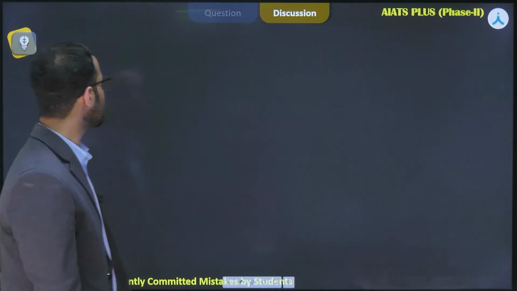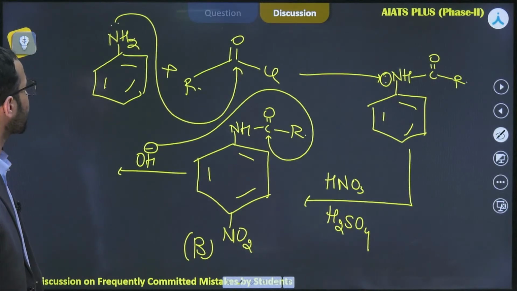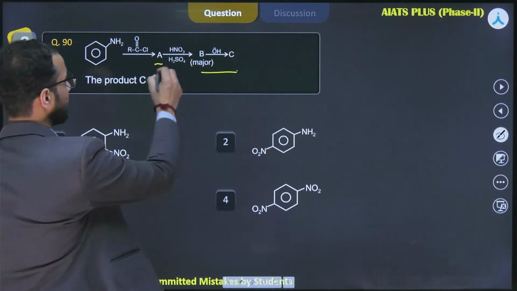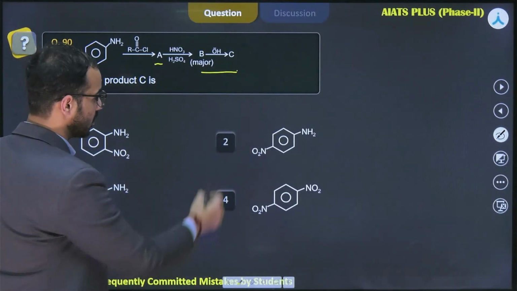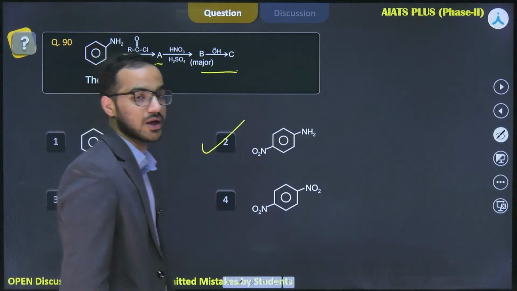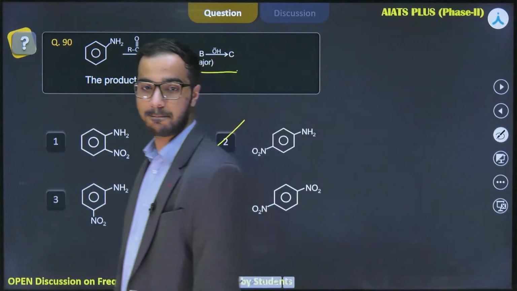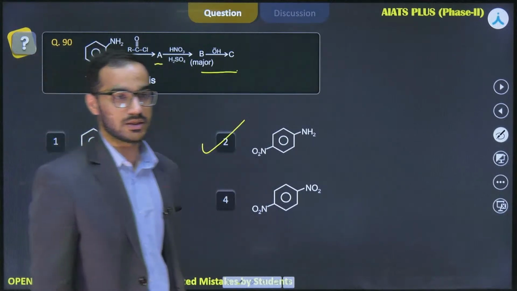So let us say you are having this reaction, you will be getting para-nitroaniline, and option 2 must be the correct answer. Is this clear to you all?